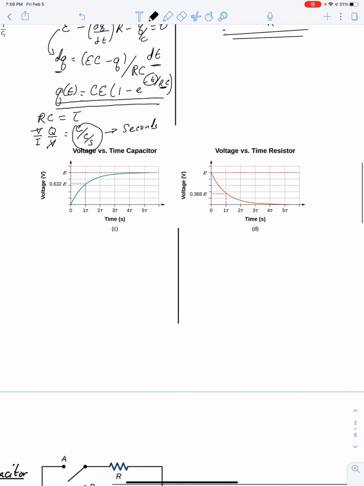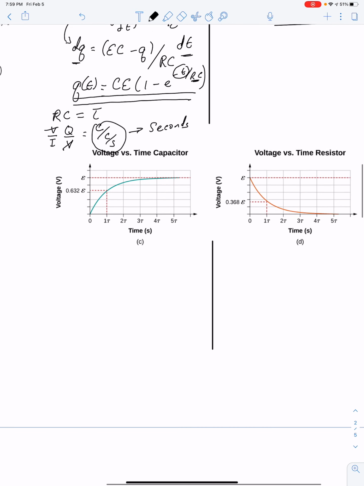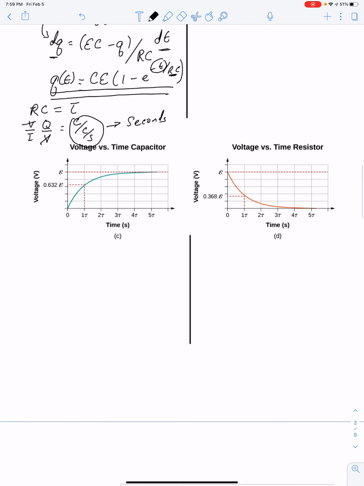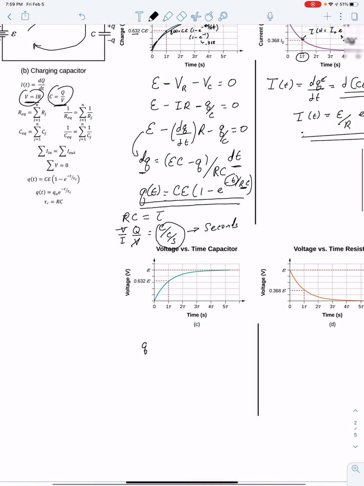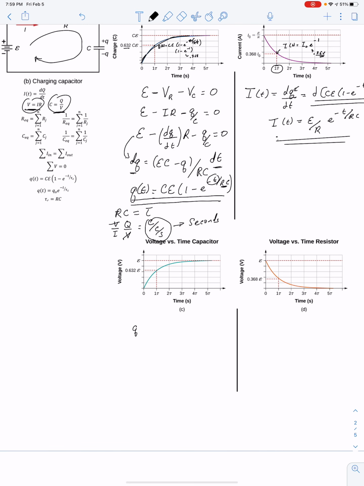Let me talk to you about voltage versus time for the capacitor. It is very simple. It's basically just changing the equations. If we look at our equations here, we have the two right here that are extremely important to manipulate. We start off with the charge equation, and it's asking for voltage versus time for the capacitor, okay?